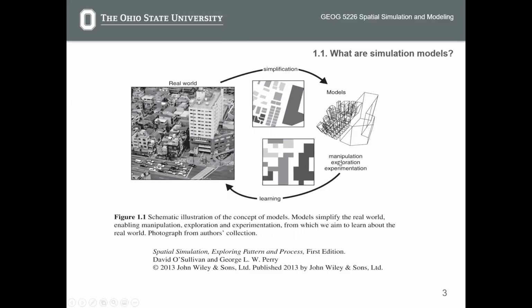And we can use this model to learn knowledge about the real world, for example, through spatial analysis or other research methods you find useful. You can use them on this model of this block to learn, to explore, and maybe to predict.